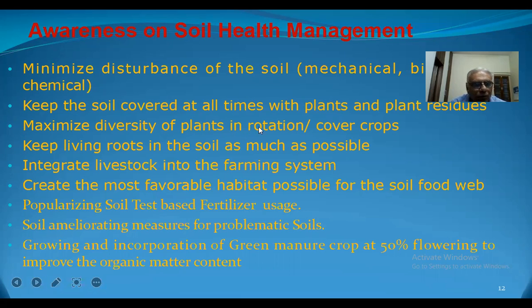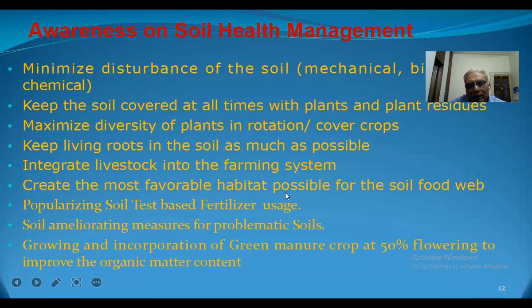We have to adopt crop rotation, and also about 20% of crops to be grown as cover crops. Keep living roots in the soil as much as possible. Integrate livestock into the farming system, meaning we have to adopt an integrated farming system. We have to take agriculture as well as livestock.